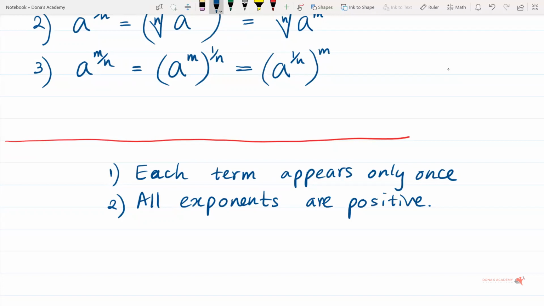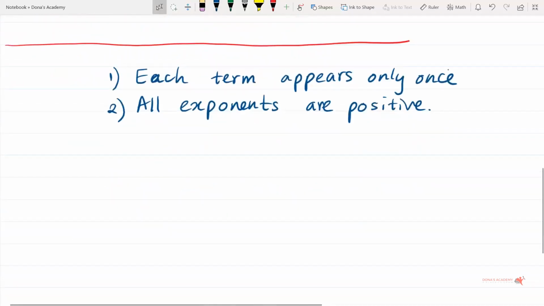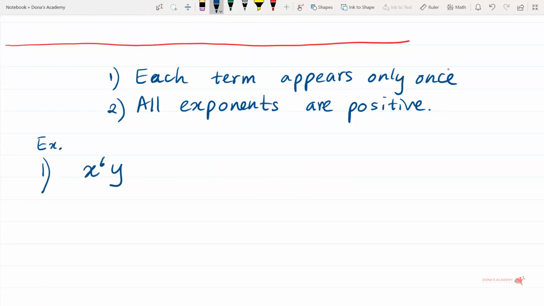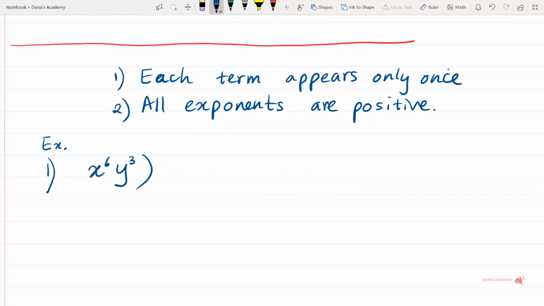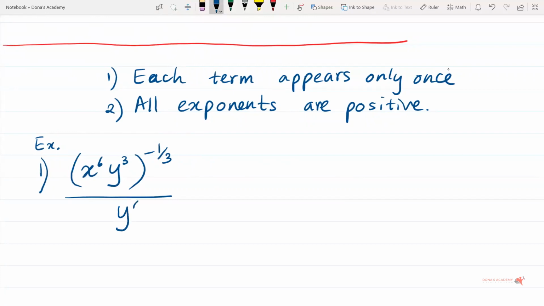Alright, so let's use that definition and do a couple of examples. My first one is x^6 y^3 to the power negative 1/3, divided by 6 to the power negative 1/2.